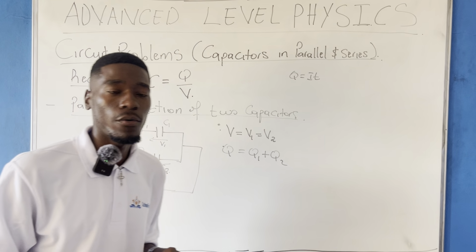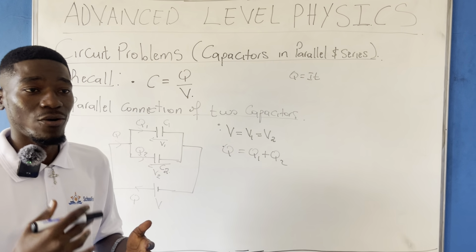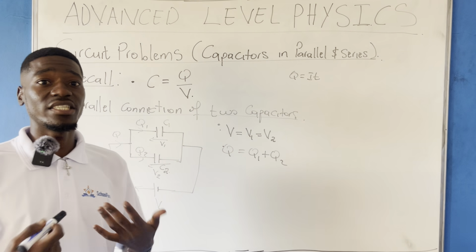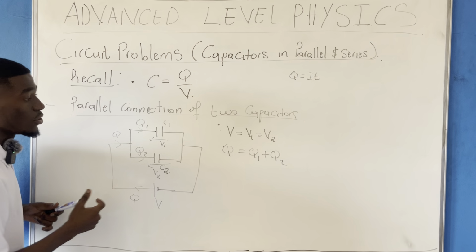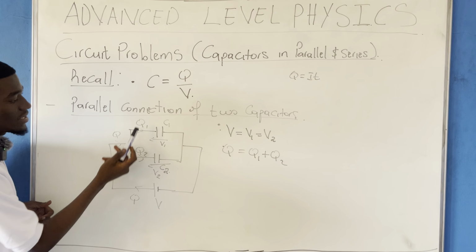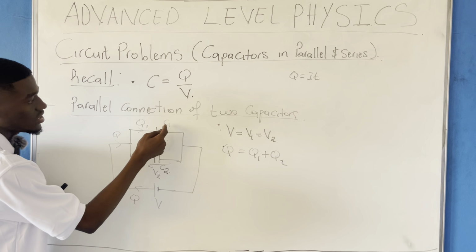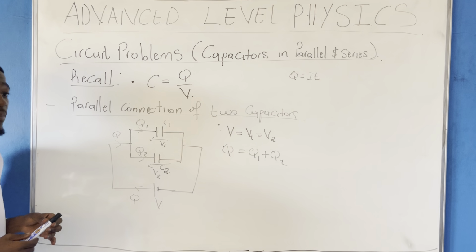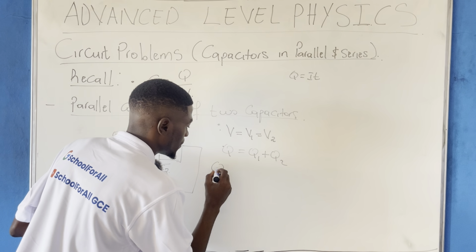As we said before, anytime we are seeing a current which is being shared or divided, you apply the current divider. But here we are having charge. This charge Q is being shared between C1 and C2. Therefore, I will apply the charge divider.